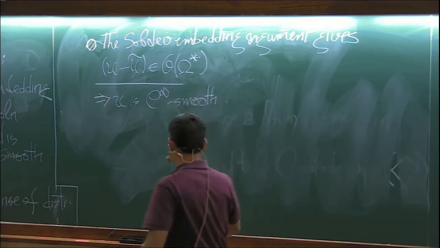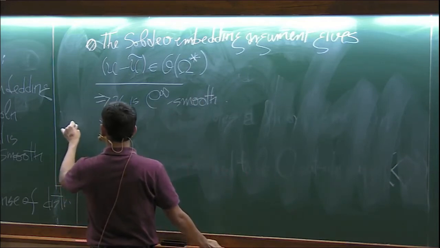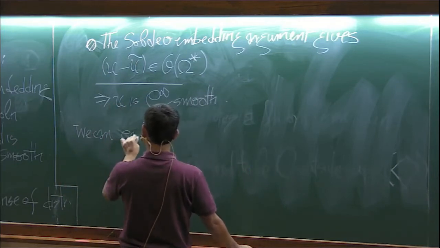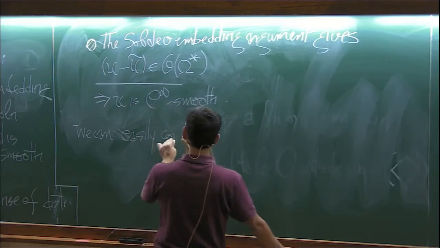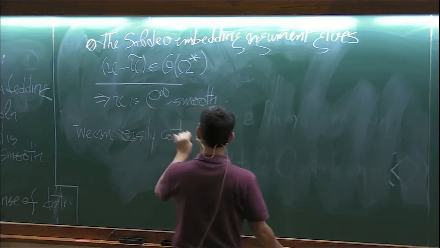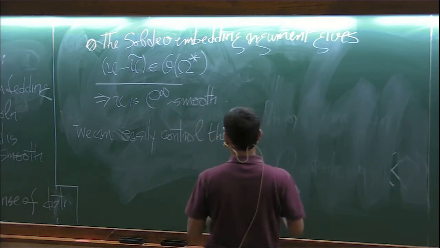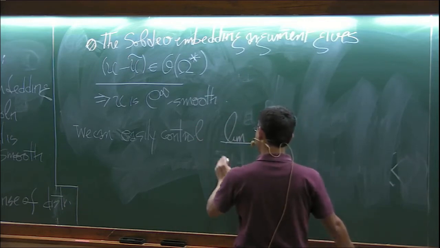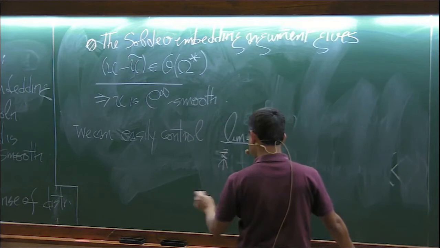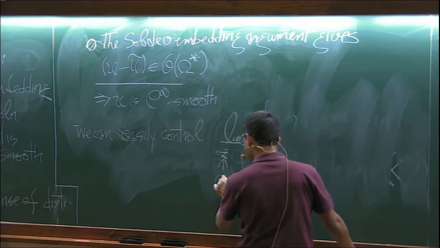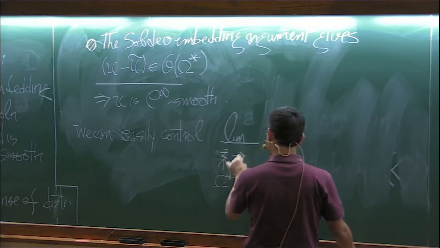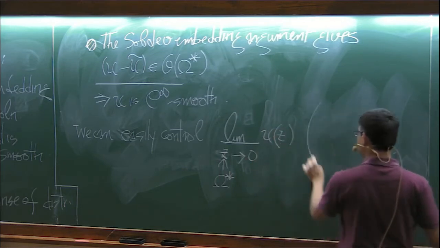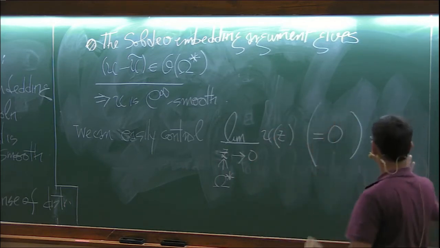Now we can easily control the limit infimum, as Z approaches the point 0 via omega star, of U of Z, which is to say I get 0.